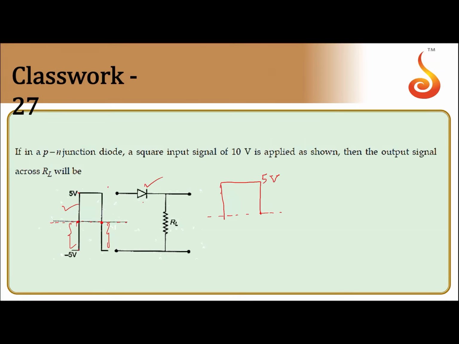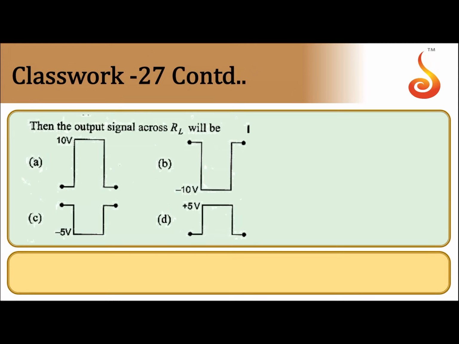So this should be the output. Looking at the options, it should be option D. The negative half will be cut, only the positive half will be transmitted.